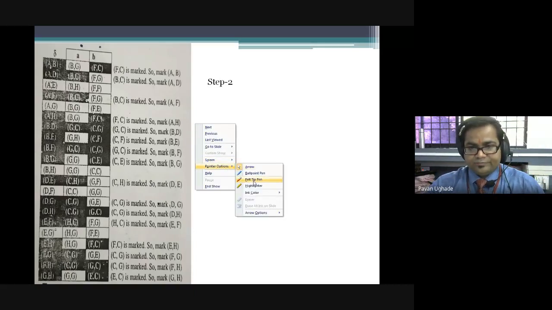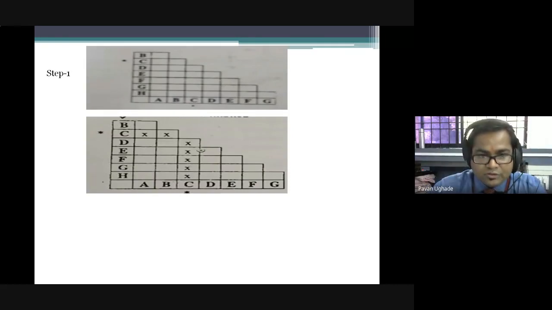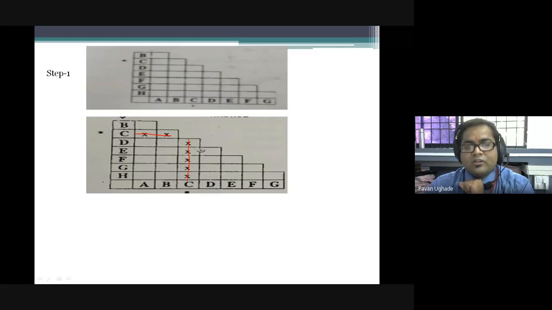I'll take you back to the previous step. Now I'm going to check which cells are empty. We have marked these as not going to be equivalent states because each is a combination of final and non-final, or in different words, they are distinguishable states. Are there any other distinguishable states in all these sets? Yes, there are.